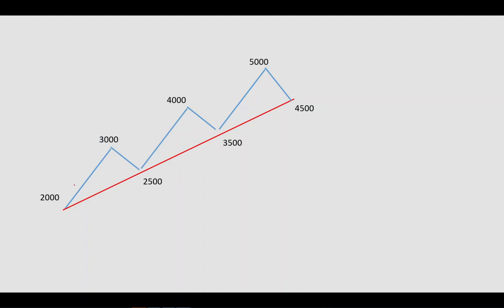It is like any vegetable. Suppose the tomato rate goes exponentially high up to maybe 100 rupees a kilo, and all of a sudden, due to hot climate or any other reason, the tomato rate recedes to maybe 60 rupees a kilo.